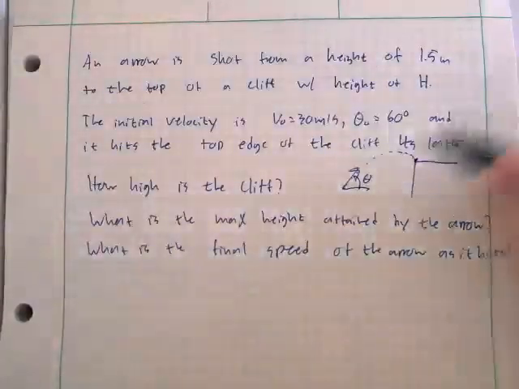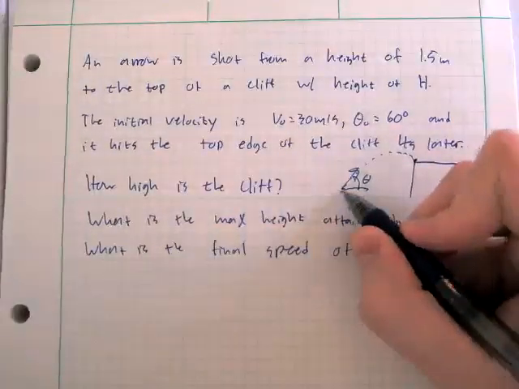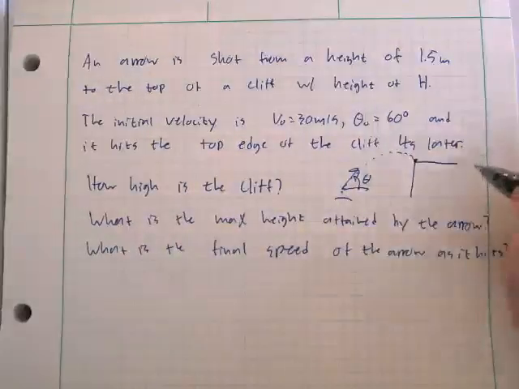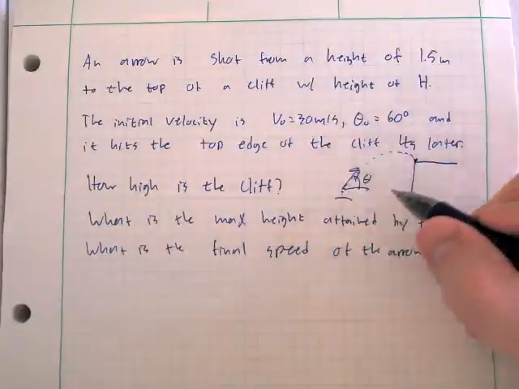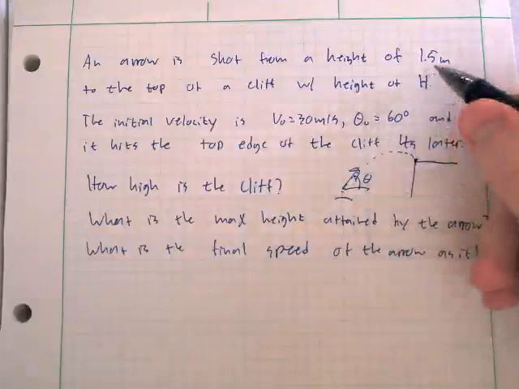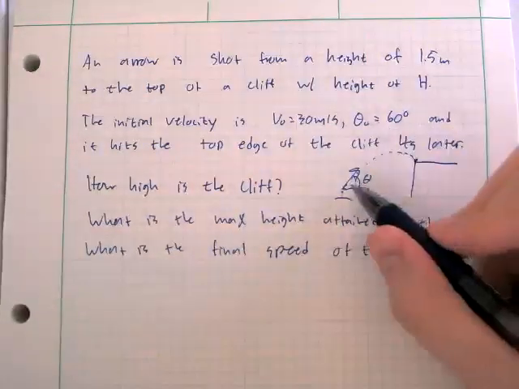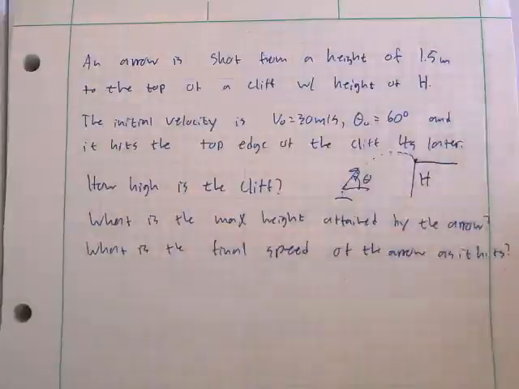We're launching it from some height. There is a small height difference, as we are standing on the ground with this arrow. We're not shooting the arrow from the ground itself. So it's launched from 1.5 meters above the ground, at a speed of 30 meters per second at an angle of 60 degrees. And it's going to hit the top of this cliff of height h 4 seconds later.